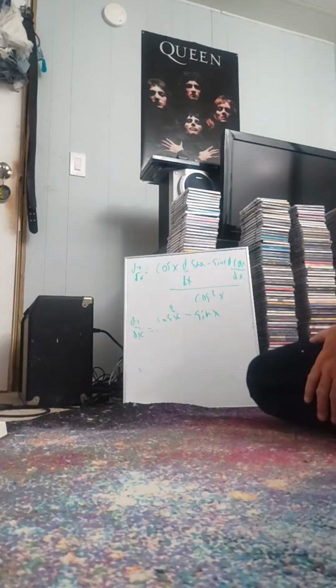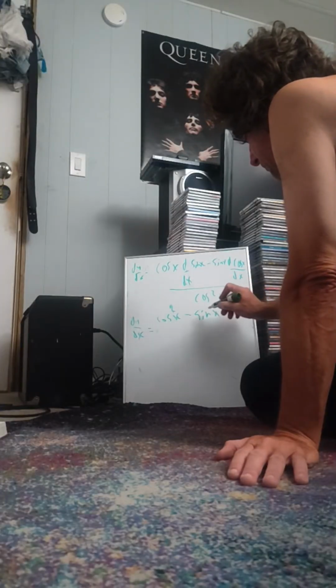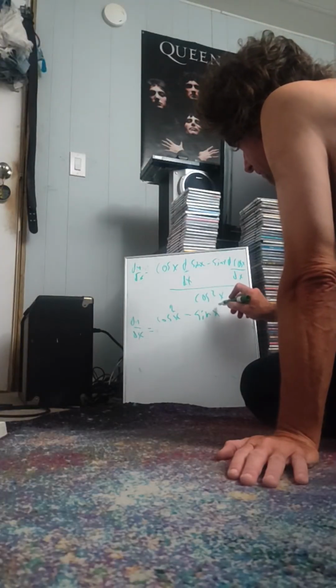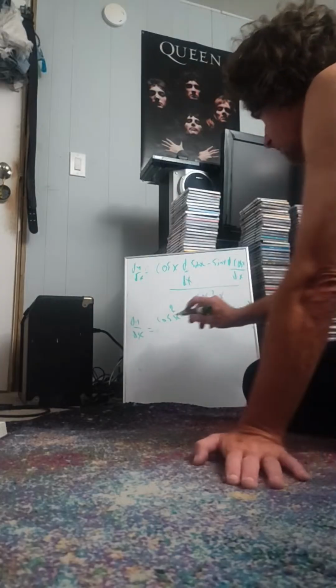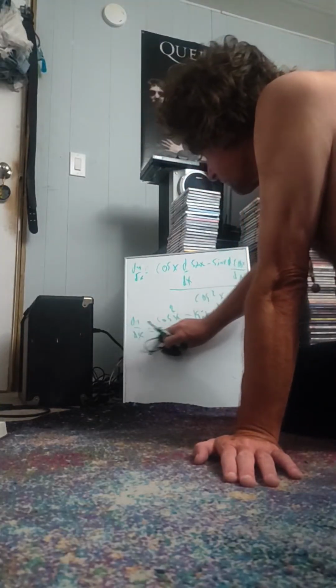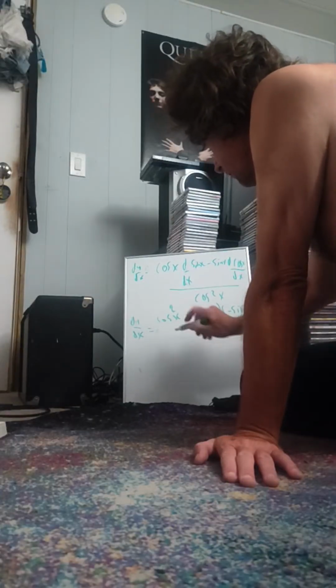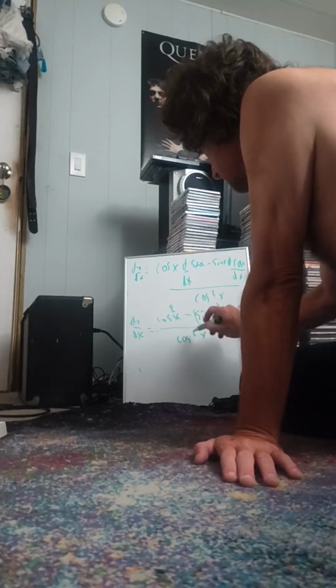Well, the derivative of the cosine x is minus the sine of x. So that gives you times minus sine x. And it's all over cosine squared x.